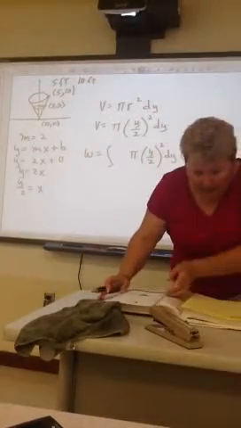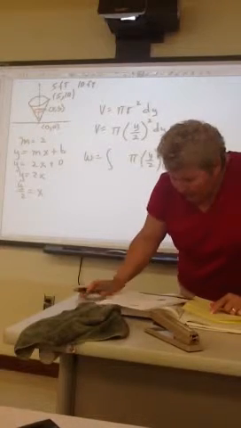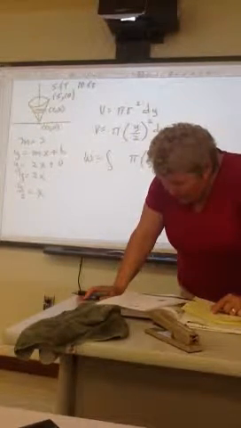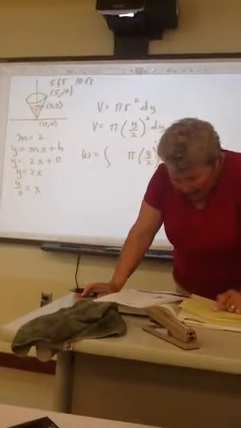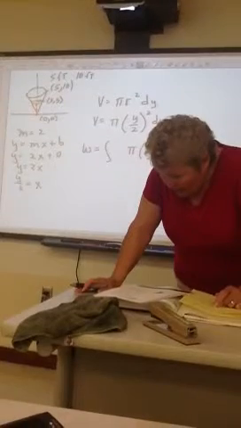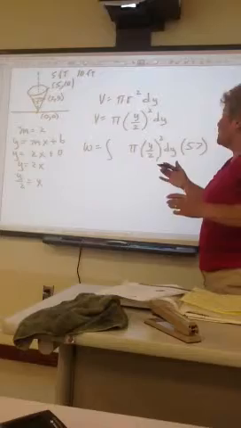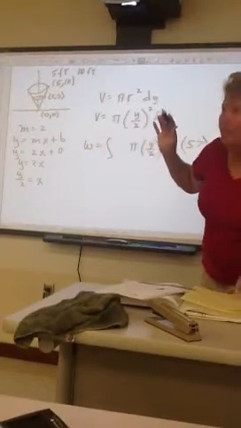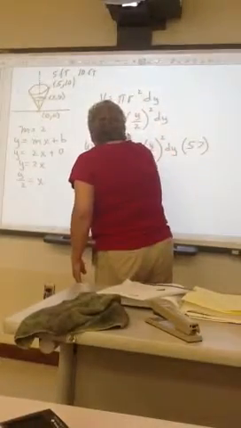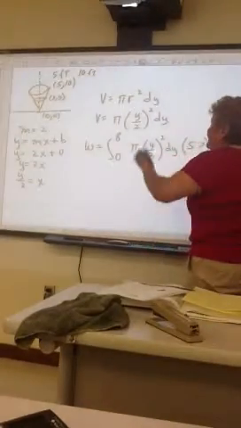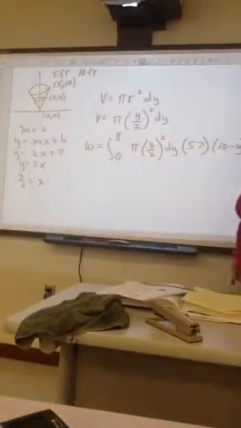And in the problem, it's how much work to pump the oil to the rim of the tank. But wait a minute. How much to pump it to the rim? The oil only goes to 8. So it's from 0 to 8, but these slices have to be moved 10 minus y.